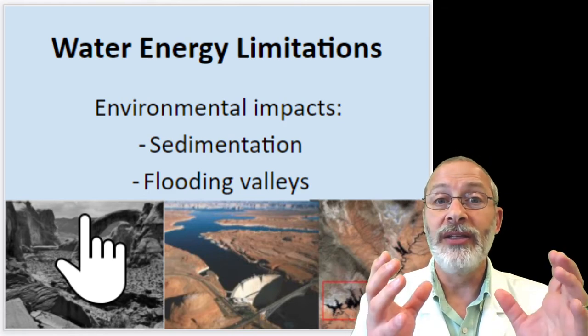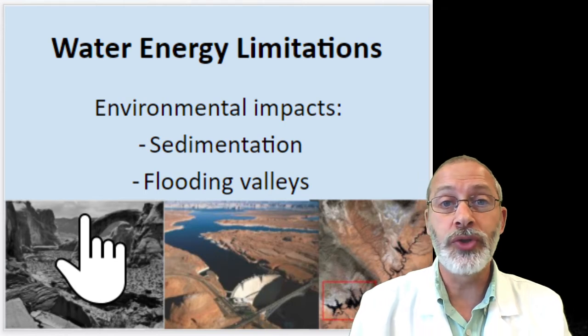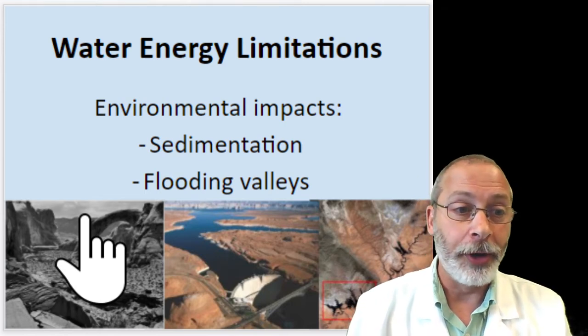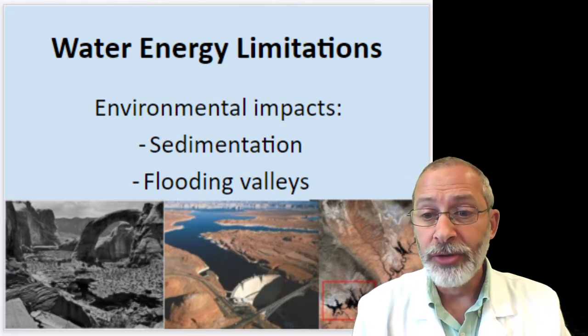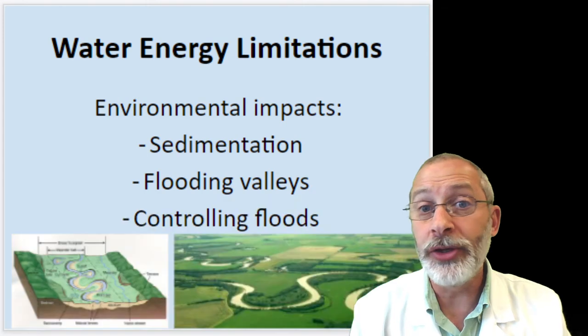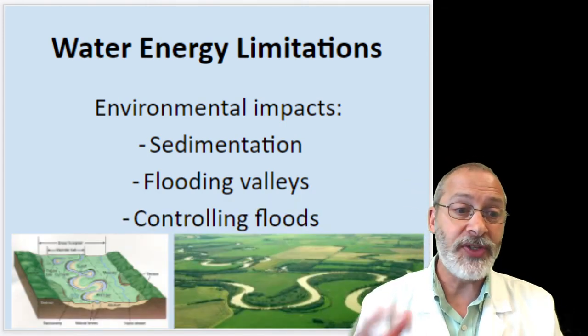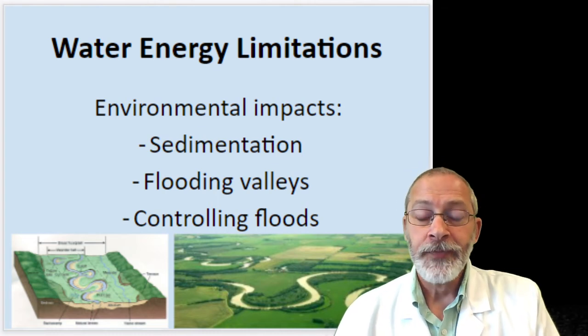And so they literally moved the statues, these rock sculptures, to a different location so they wouldn't be buried by water. So another limitation, flooding river valleys. Again, could be a good thing, could be a bad thing. And this could be seen as a good or a bad thing, controlling floods.